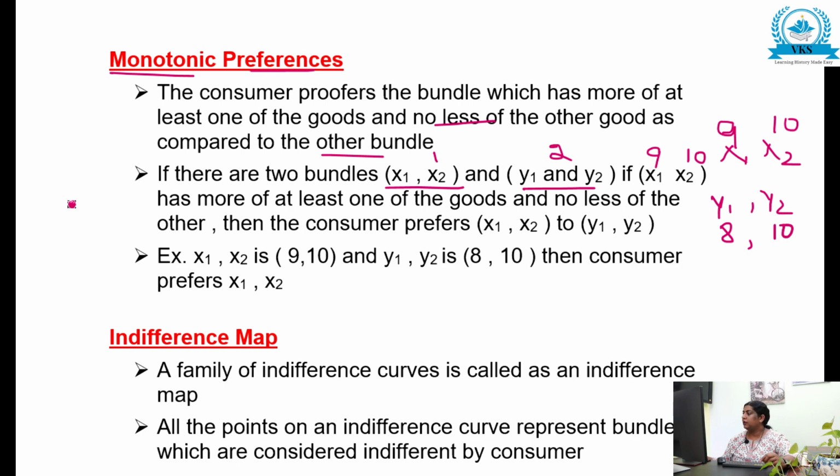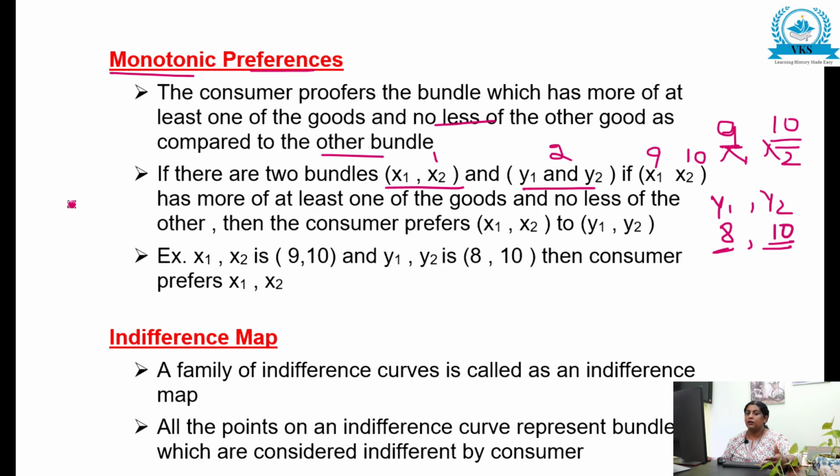So what does it mean? If x1, x2 has more of at least one good, so if you see, x1 has more bananas, here only 8 is there, here one extra is there, 9. And no less of the other, that is mangoes, 10 here and the same 10 here.